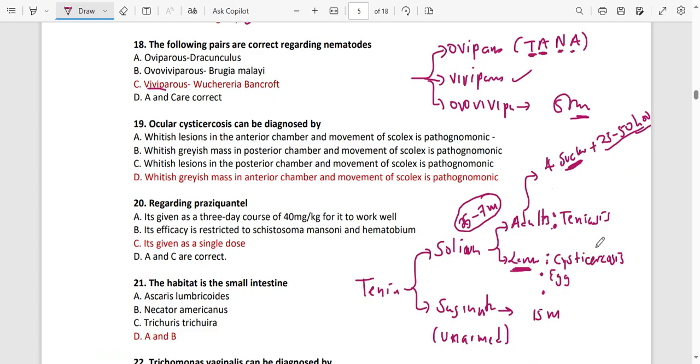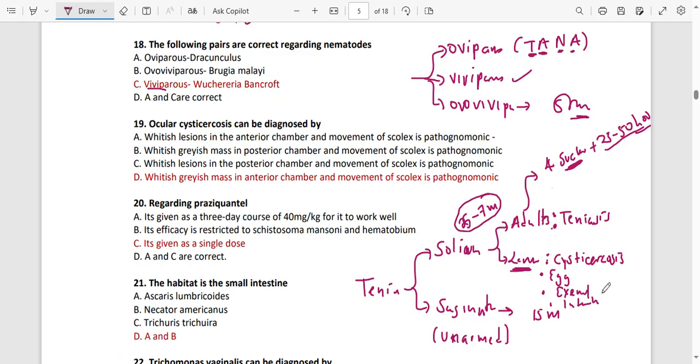Besides the eggs, you can also get cysticercosis through external infection, autoinfection, and internal. The internal is where the proglottid goes back to the stomach in reverse peristalsis, and the external is where it penetrates through the large intestines and goes back into blood circulation.